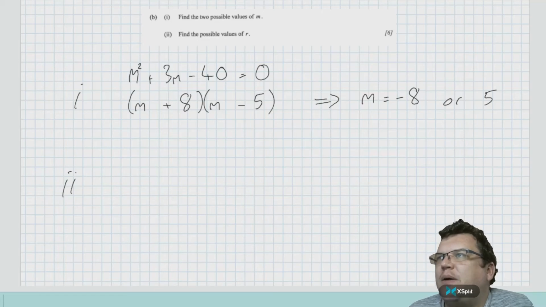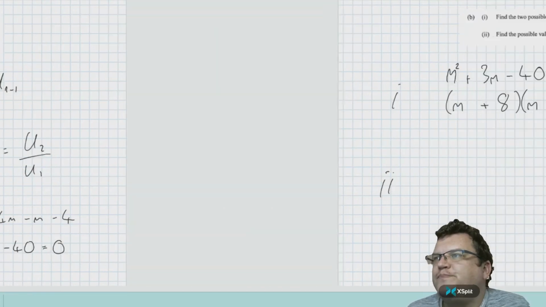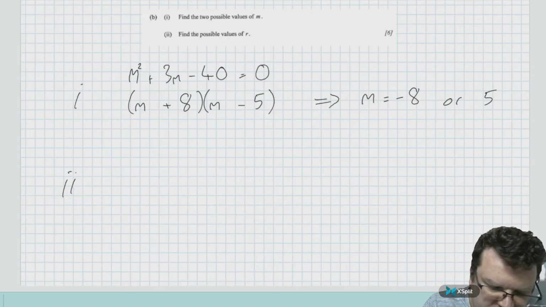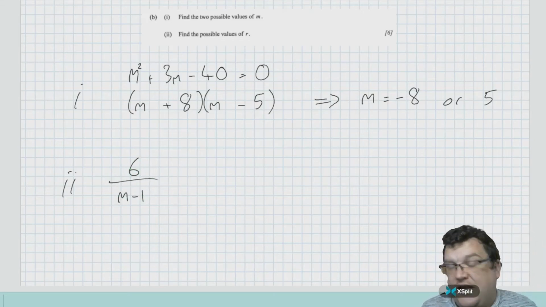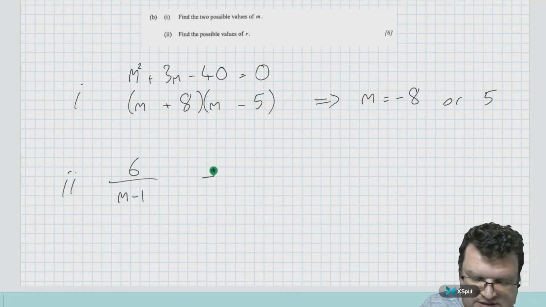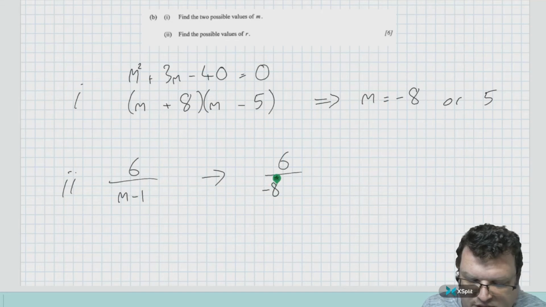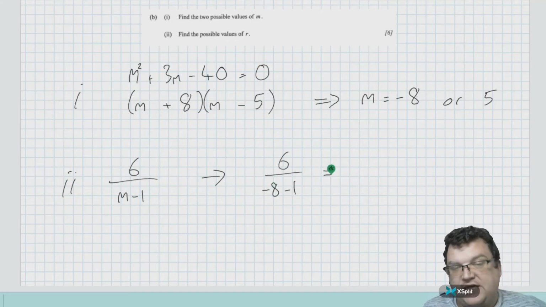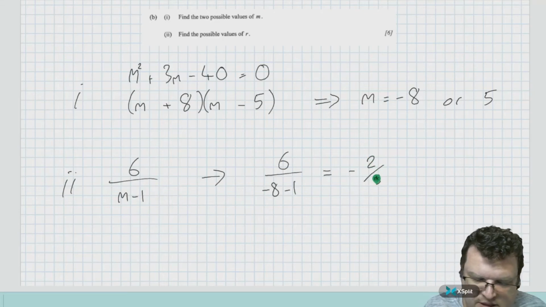So we go back to our previous section, looking for our expression here in terms of r, and we can see it's 6 over m minus 1. So all we need to do is substitute into that expression for each of the different values of m. So this gives us 6 over negative 8 minus 1, which is 6 over negative 9, or negative 2/3.